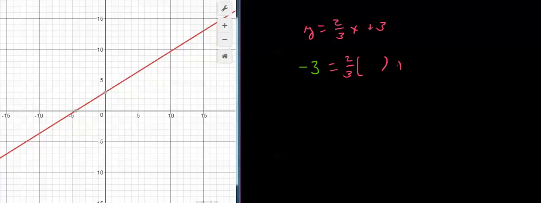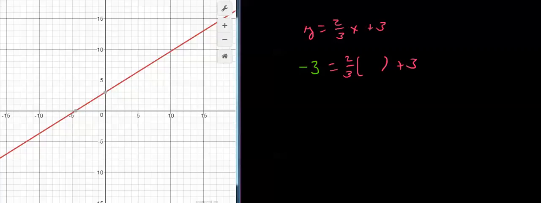I don't want any decimals. -9, -3. Our equation, y equals 2/3 x plus 3. So I'm going to rewrite this. -9, -3, so -3 equals 2/3 times x plus 3.